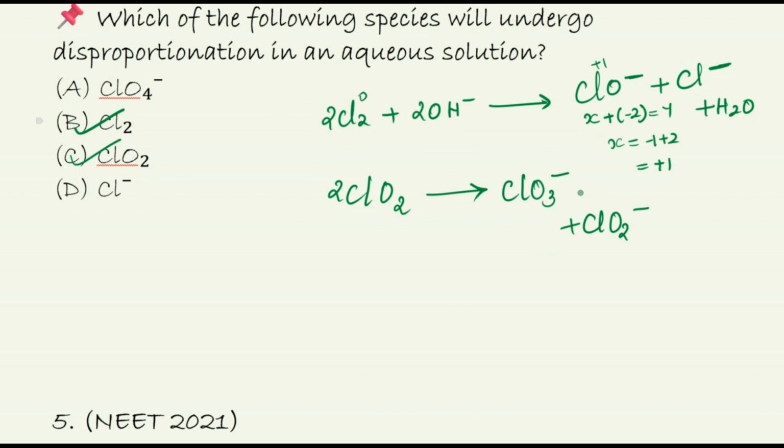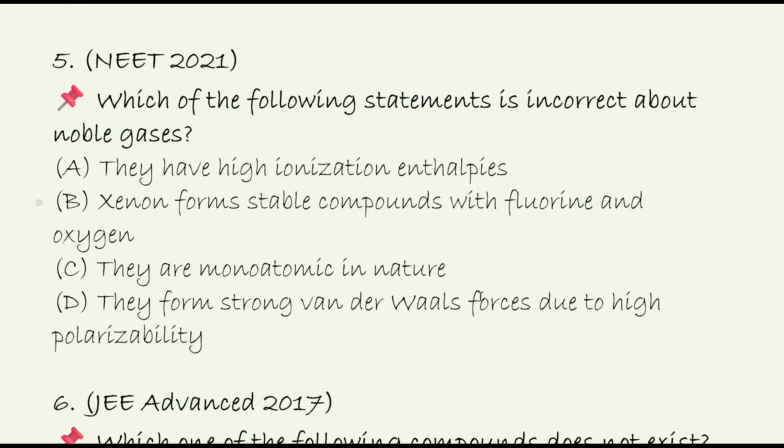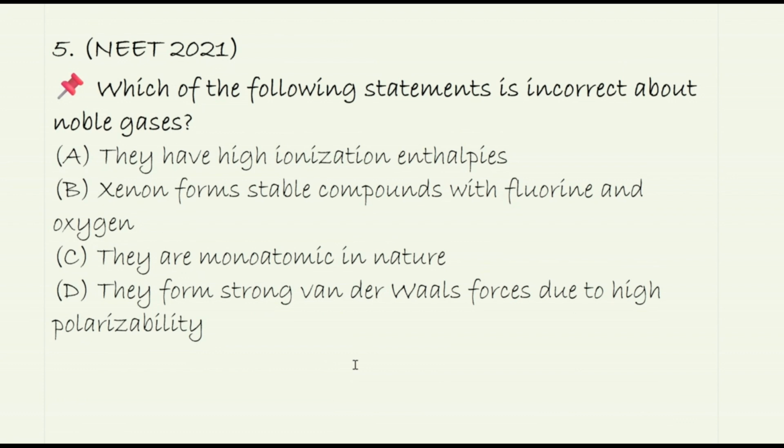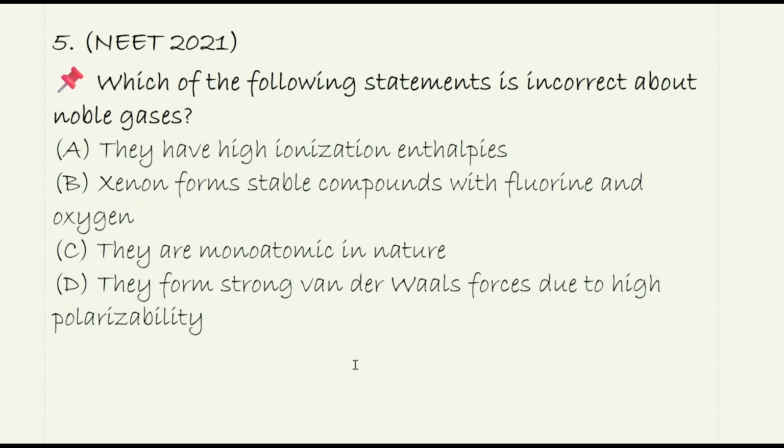JEE Advanced MSQ type. Then NEET 2021. Which of the following statements is incorrect about noble gases? They have high ionization enthalpies. True. Xenon forms stable compound with fluorine and oxygen. True. They are monoatomic in nature. Yes. They form strong van der Waals forces due to high polarizability.